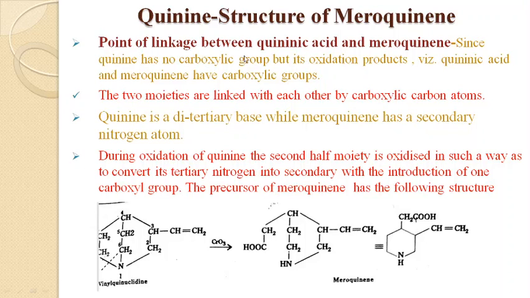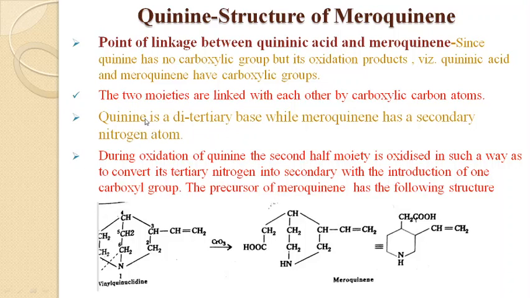Quinine has no carboxylic group, but its oxidation products, quininic acid and meroquinone, have carboxylic groups. The two moieties are linked with each other by a carboxyl linkage. This means these two carboxylic groups have diminished in quinine, which means that the point of linkage is through these carboxylic carbon atoms.